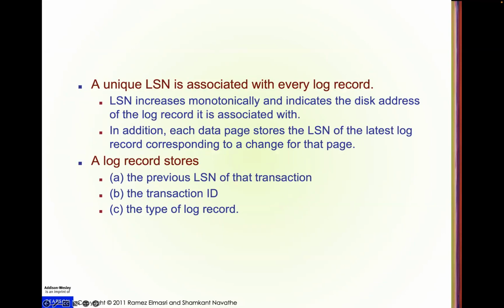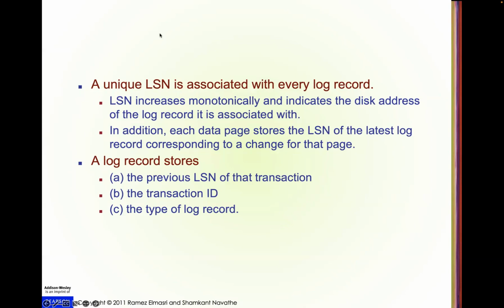Now, let us understand what a unique log sequence number is. A unique log sequence number is associated with every log record. LSN increases monotonically. It means it keeps on increasing to tell the different log IDs, or it continuously decreases.